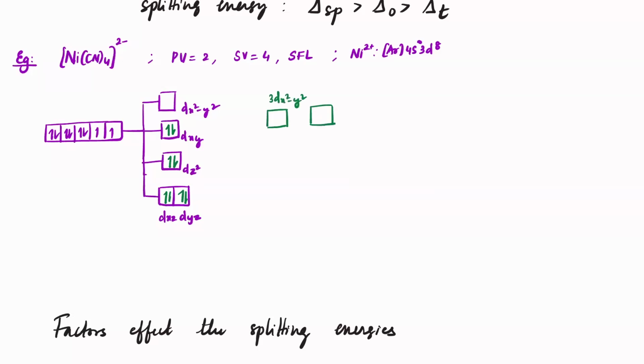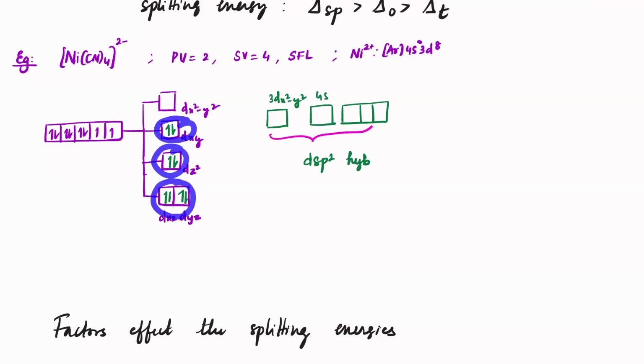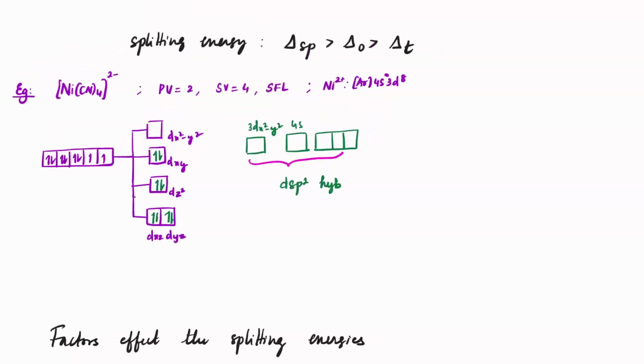4s is empty. 4p is empty. So it will be utilizing these four orbitals and make this into dsp2 hybridization. That's how you get dsp2 hybridization. So now we know precisely in which orbitals we have how many electrons. Everyone clear?